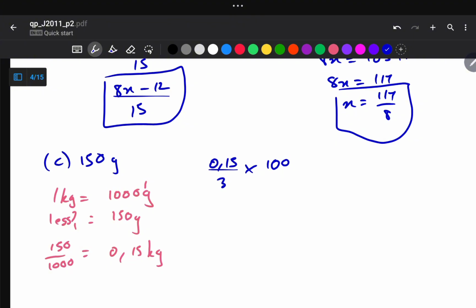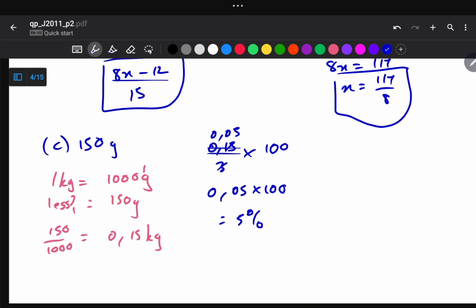So we can simply divide 0.15 by 3, it is 0.05, times 100. If we multiply 0.05 by 100, it gives us 5. Therefore, 150 grams as a percentage of 3 kg is equal to 5%.